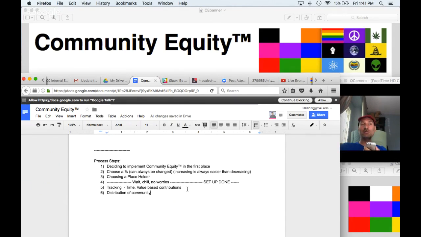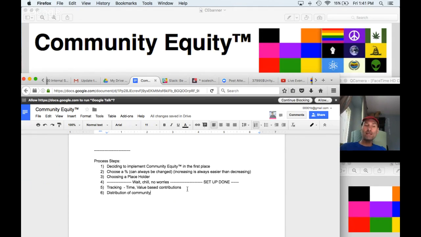The only long-term legal process that happens is this: let's say you have 30% community equity and one person slowly gains, let's say, 10% of that. Say 5 years from now, person A has 10% of the community equity.